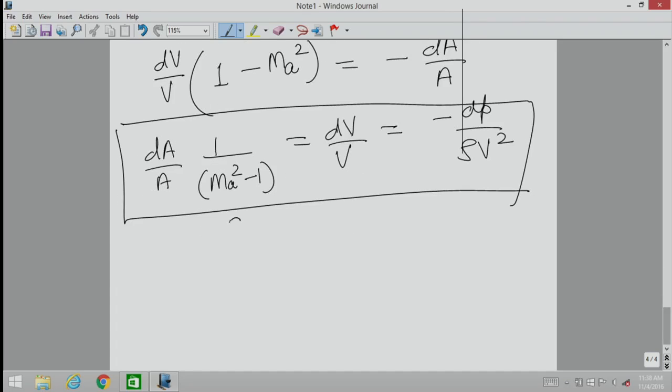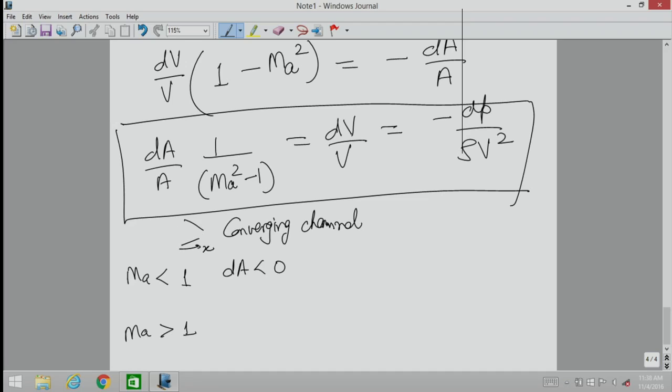So let's look at a case. Let's start with the case of a converging channel, when Mach number is less than 1. For a converging channel, all these variables are with respect to x. So dA is less than 0. That means as we are moving ahead, converging channel means area is reducing as we increase x.